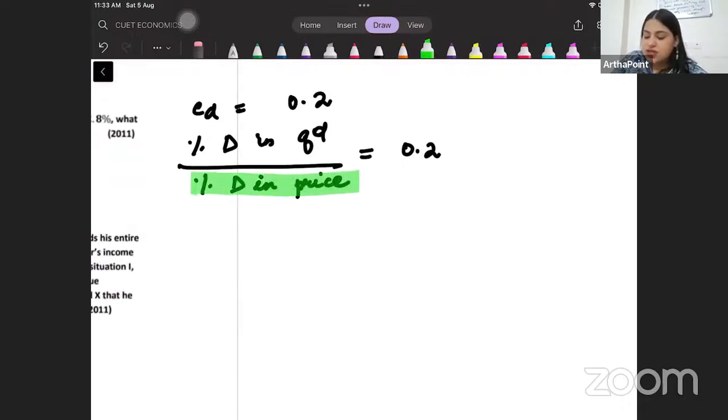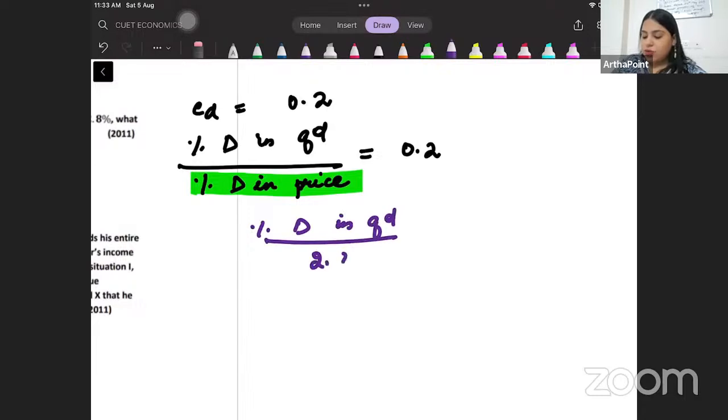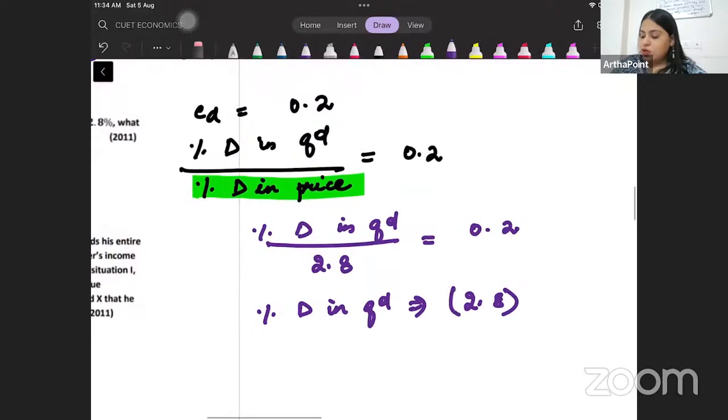So this percentage change in price is 2.8%. So percentage change in quantity demanded upon 2.8 should be 0.2. So percentage change in quantity demanded will be 2.8 into 0.2.